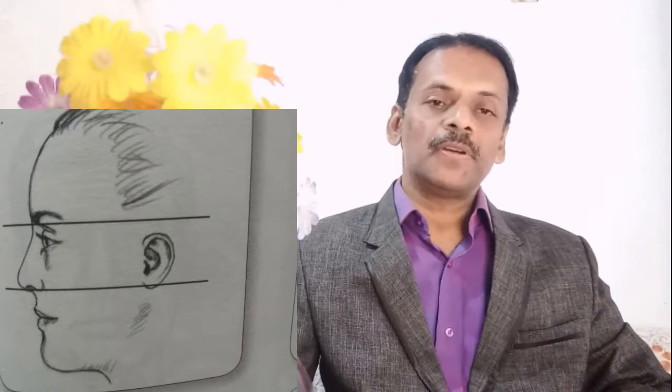Among the facial lines of the syphilitic miasm, one is dimple in the cheeks. A dimple in the cheek tells you that it is a syphilitic miasm patient.